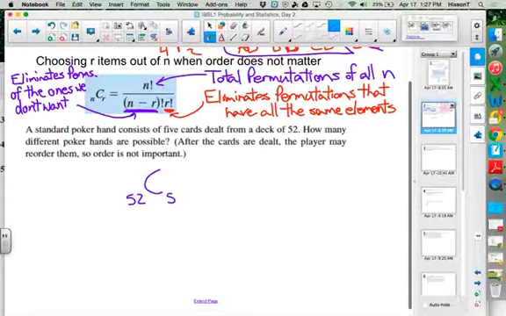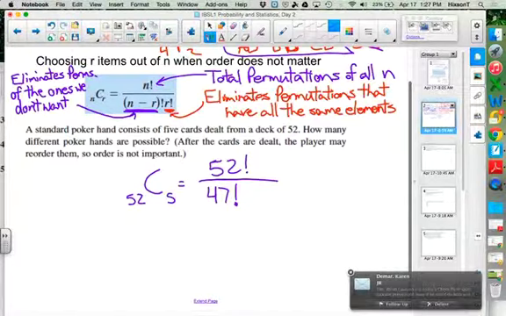So again, we use our formula: 52 factorial over n minus r, 52 minus 5 would be 47 factorial, and then r factorial, 5 factorial.